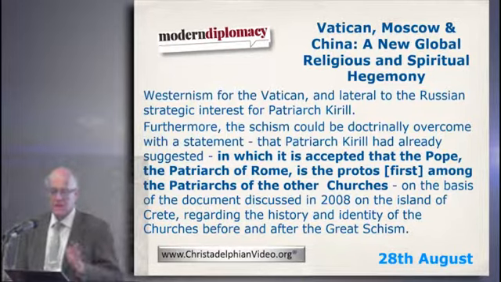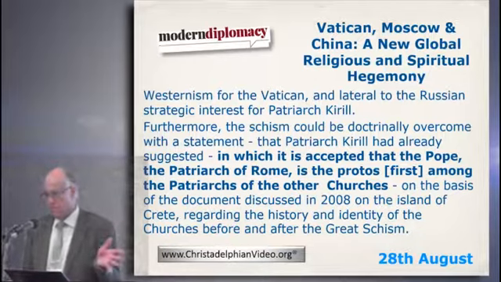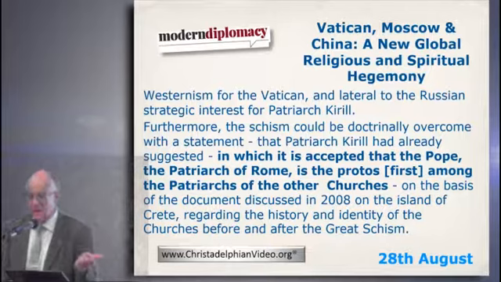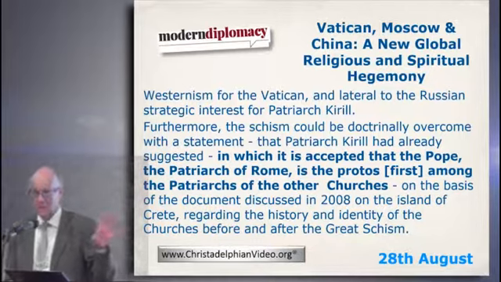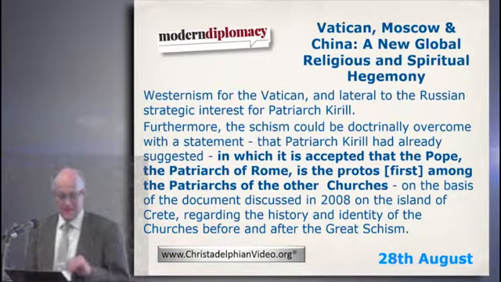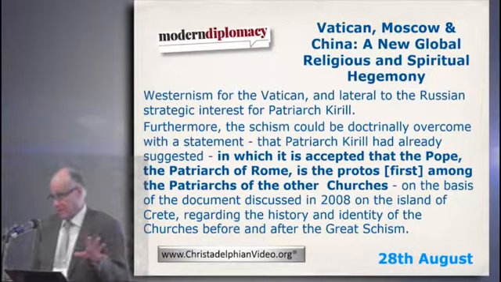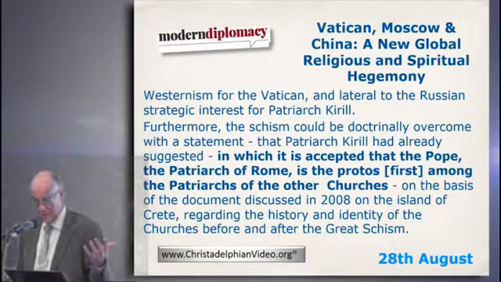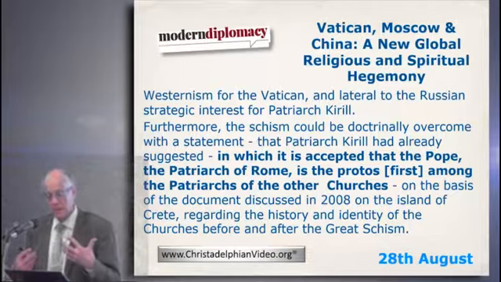So, in other words, the groundwork has already been done. Kirill is prepared to accept that the Pope is number one of the leaders. And that is all that is needed for the two churches to come together.